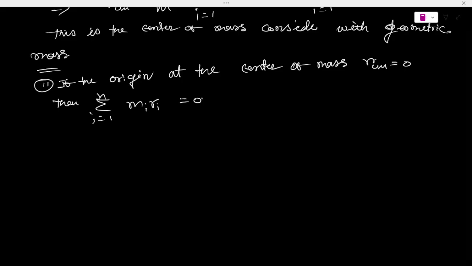Then summation of i equal to 1 to n of m_i r_i is equal to 0. So the sum of the moments of mass of the system about the center of mass is 0.